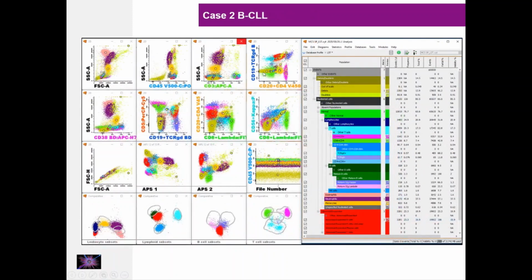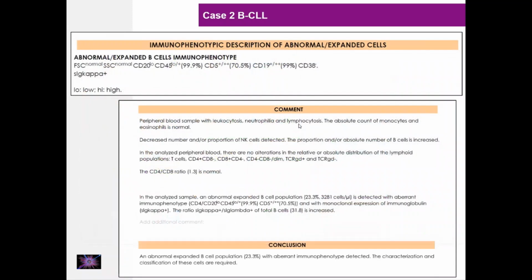So this is the final dot plots, all the final dot plots, and you can see this is a BCLL, as we were suspecting, based on the profile which I previously described. And here is the profile. So we have a normal forward and side scatter. We have low expression of CD20.